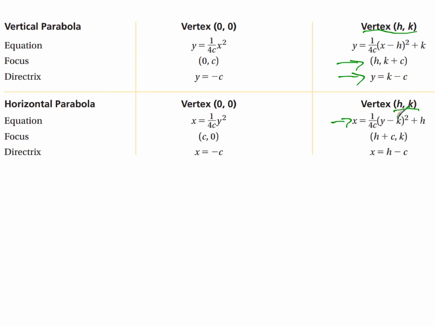The k goes with the y value, so you should see some symmetry here. The focus is at (h plus c, k), because what we're changing here with a horizontal parabola, the focus will shift in the x direction. And the directrix will be a vertical line, x equals h minus c.